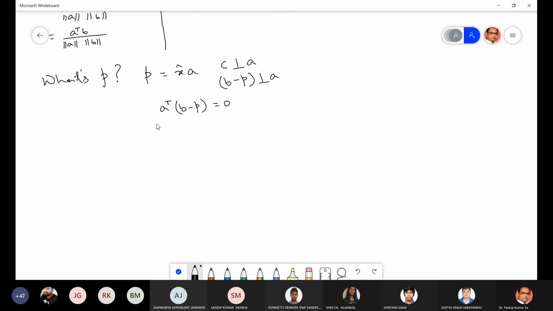Or A transpose times B minus x cap A is equal to 0. This implies that A transpose B minus x cap A transpose A. X cap is a scalar quantity, right? I can take it left, right, wherever I want.